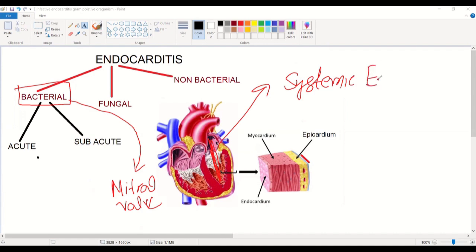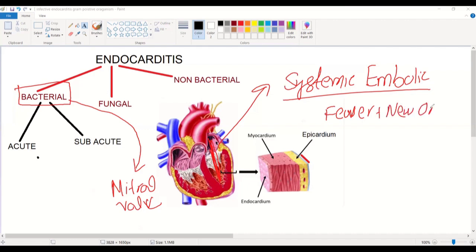So a patient with systemic emboli presents with fever, a short history of fever, plus a new onset murmur, plus weakness, sudden onset weakness or paralysis. So this is very high yield.